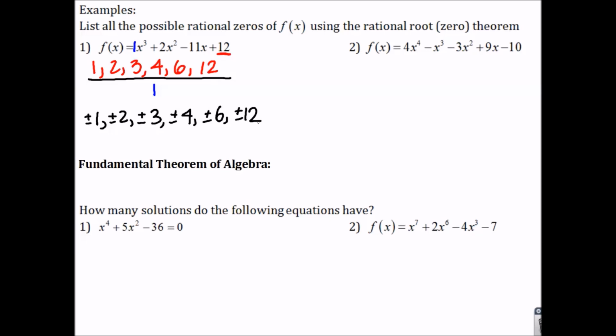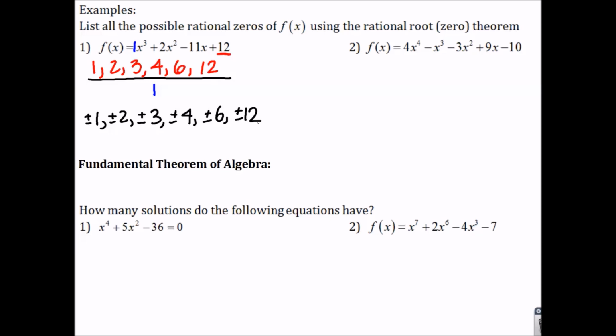So all of our possible rational zeros, and not all of them will actually be zeros of this polynomial, are listed here: ±1, ±2, ±3, ±4, ±6, and ±12.